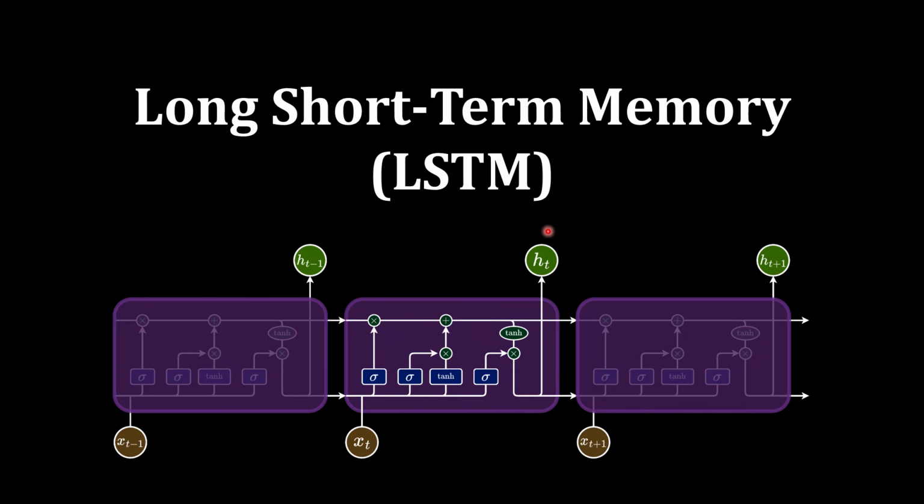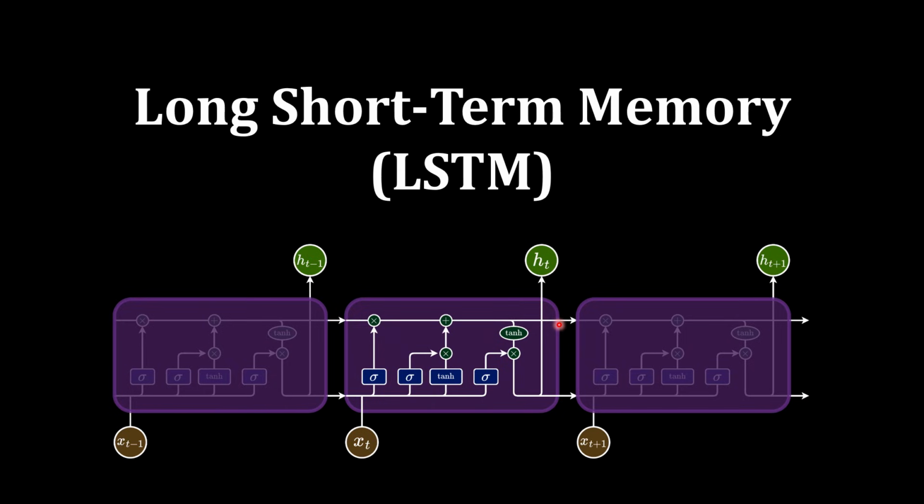Each LSTM cell has two main states, a hidden state and a cell state. You can think of the hidden state going down below as the controller of the LSTM, and the cell state as a conveyor belt or a highway that runs from the beginning of the sequence to the end.